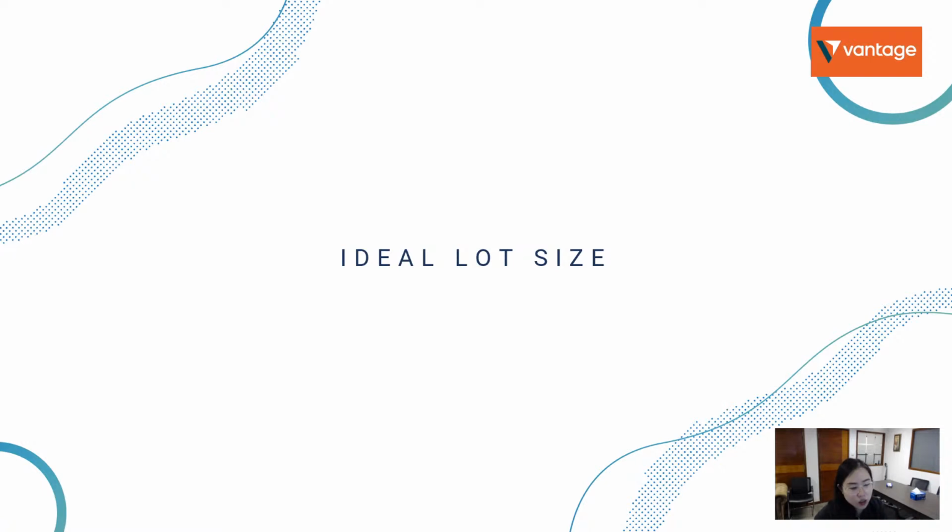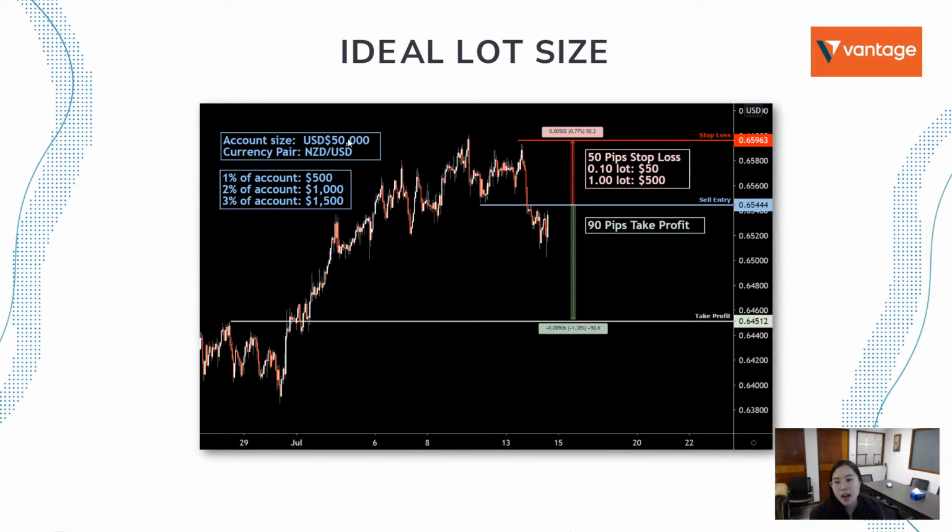So the ideal lot size is actually linked back to our first question, which is the ideal risk that you should take, right? So I'll give you an example. You have a 100,000 account. Let me go to the next slide. Okay, the example here says 50, so let's just use this example.